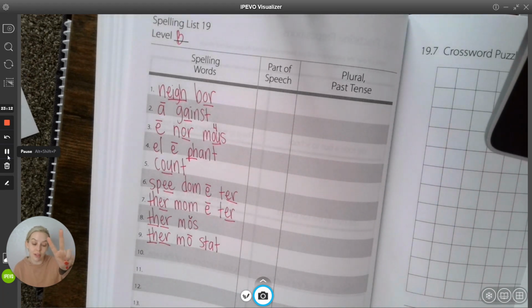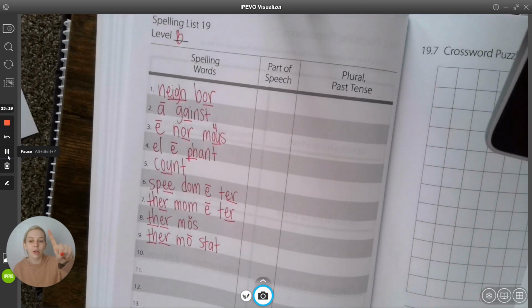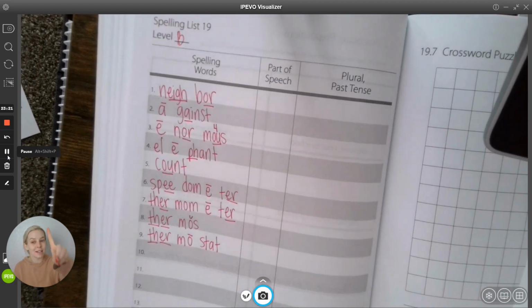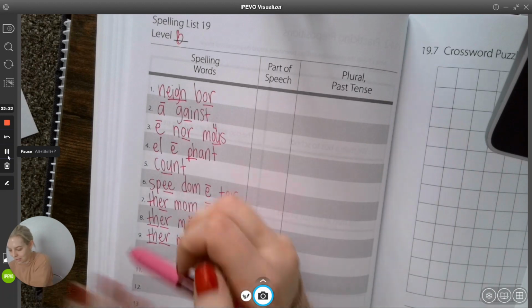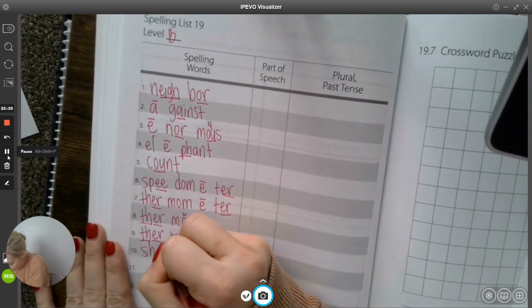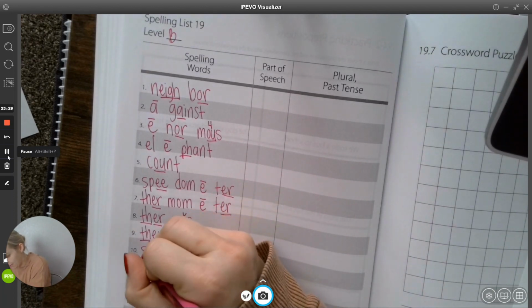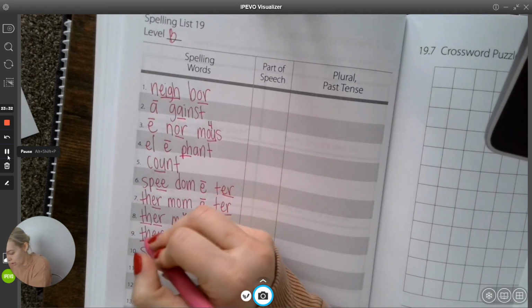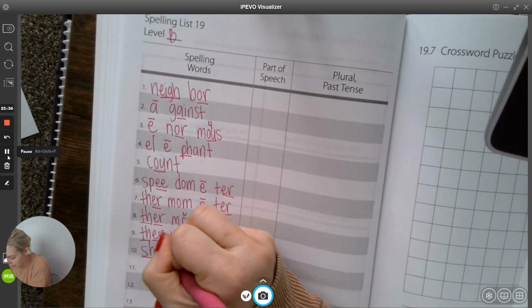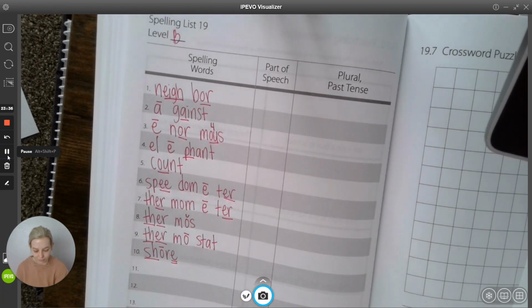Sh is used only at the beginning of a word or the end of a syllable. O, silent final E. Double underline silent final E, mark our phonogram and long O sound.